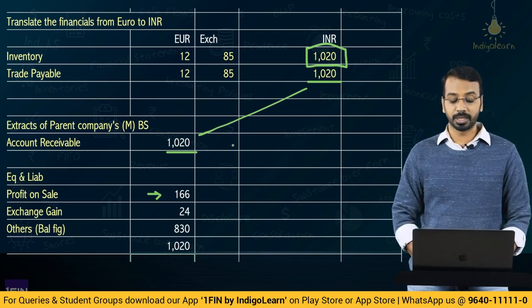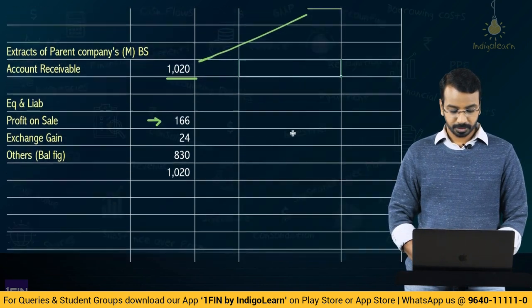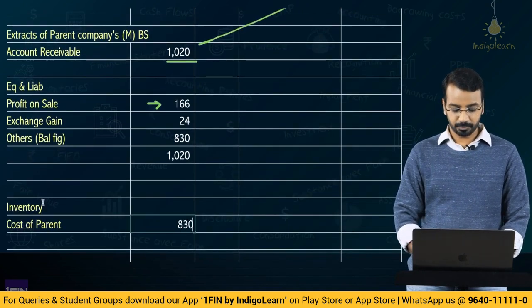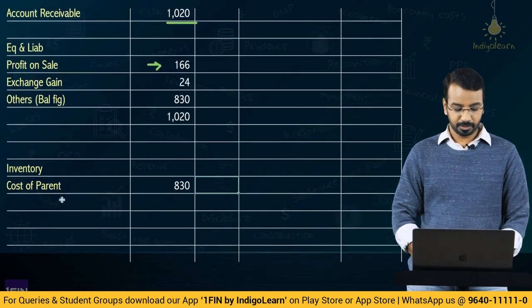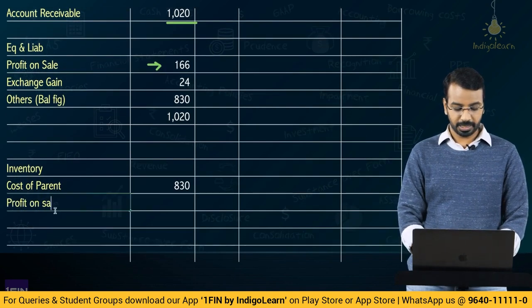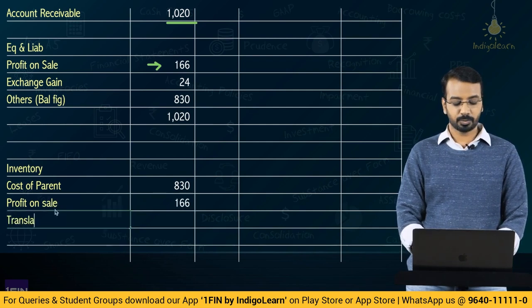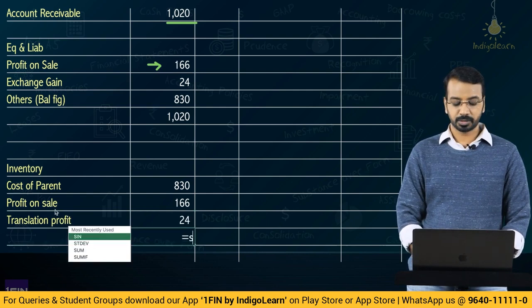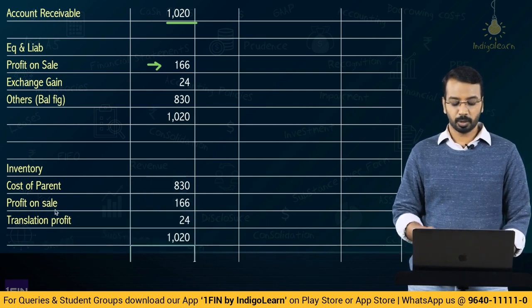So, this 1020 comprises of, if I just break it down here, inventory, cost to parent is 830. Then profit on sale is 166 and translation profit is 24. So, you sum all of these, you get 1020.